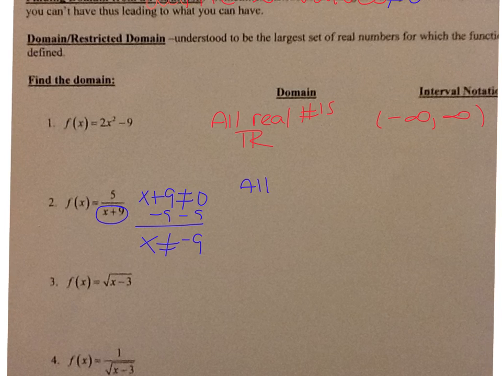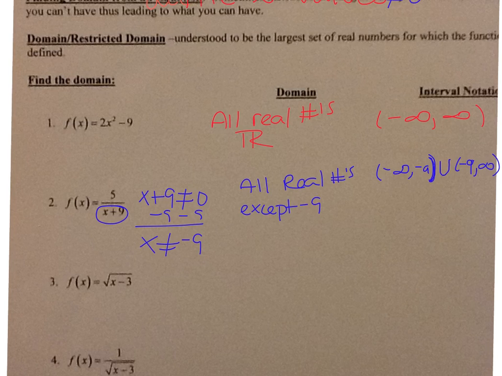So it's all real numbers except negative 9. And you would write that from negative infinity to negative 9, parentheses, because it can't include negative 9. Union, that means or, negative 9, comma, to infinity.